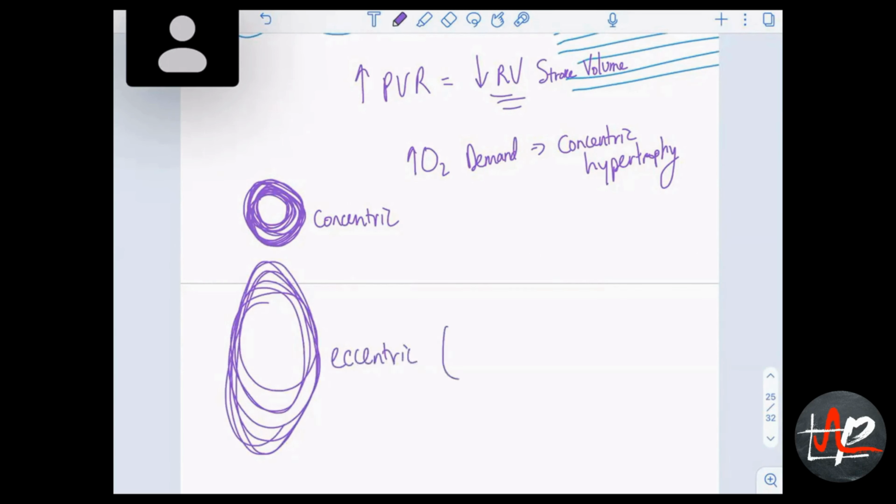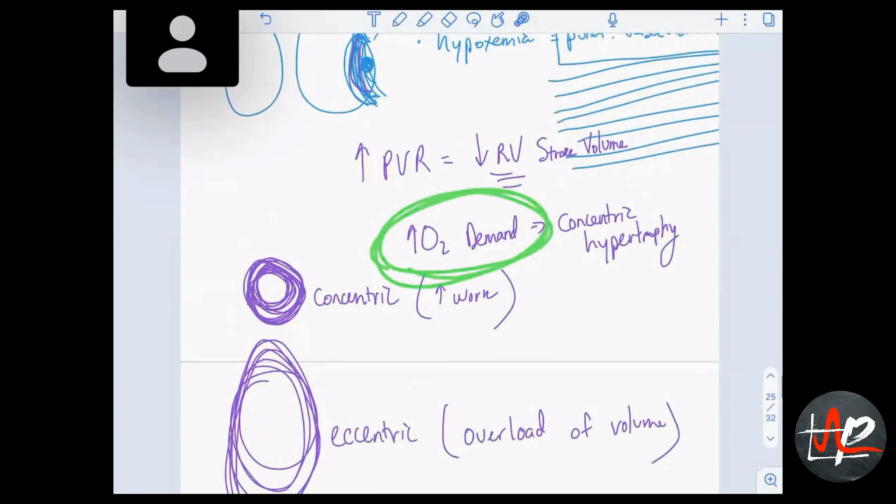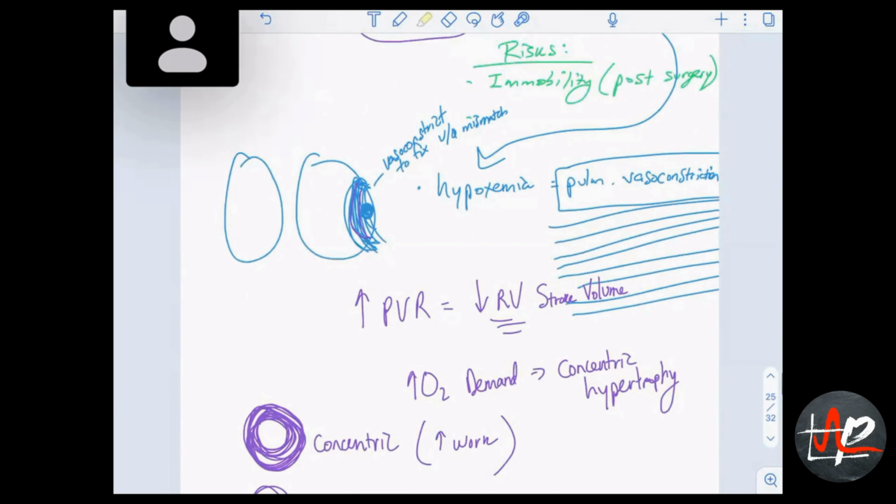And so eccentric is usually from overload of volume situations, and concentric is from increased work. So you have increased work, AKA the high oxygen demand. The right ventricle is working super hard, which causes concentric hypertrophy. And so really the big thing to know here is they can also ask you which of the following things would be seen with a PE, and it's a VQ mismatch.